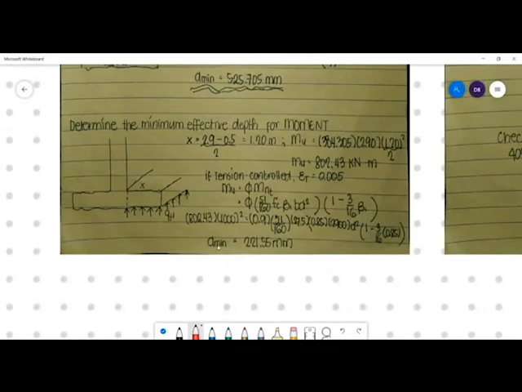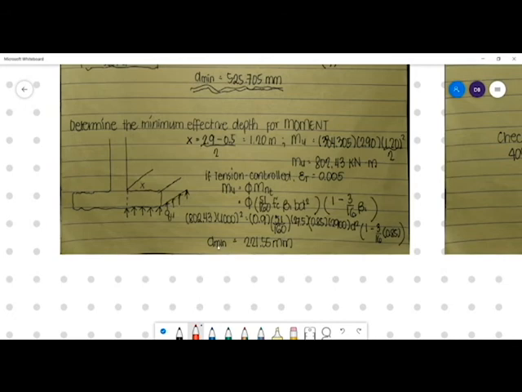So we are now going to check the minimum effective depth for our footing to withstand the moment.